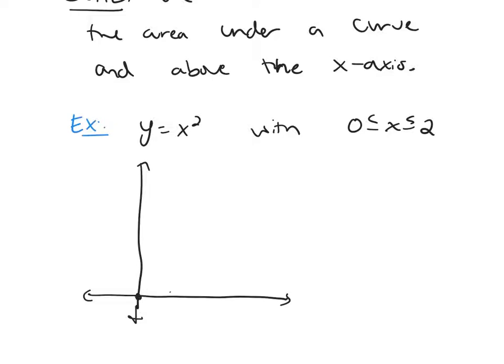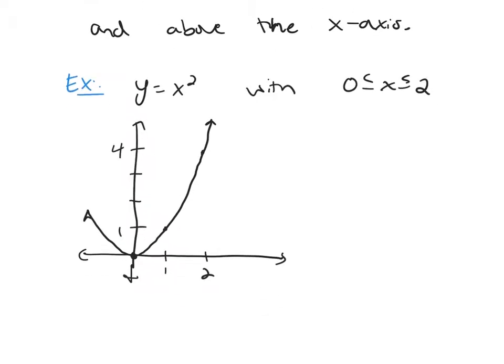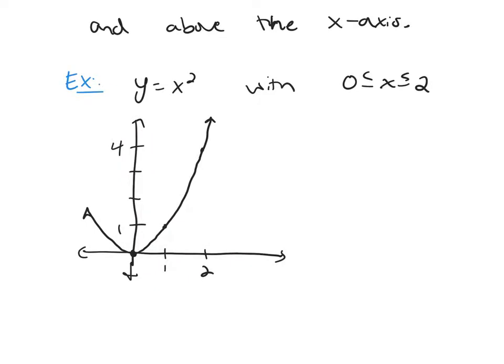So here's 0, x is 1, y is 1, x is 2, y is 4. So there's part of my parabola. I mean, the other part goes that way, right? And I want the area of the region under this curve, but above the x-axis, and I'm cutting it off at x equals 2.